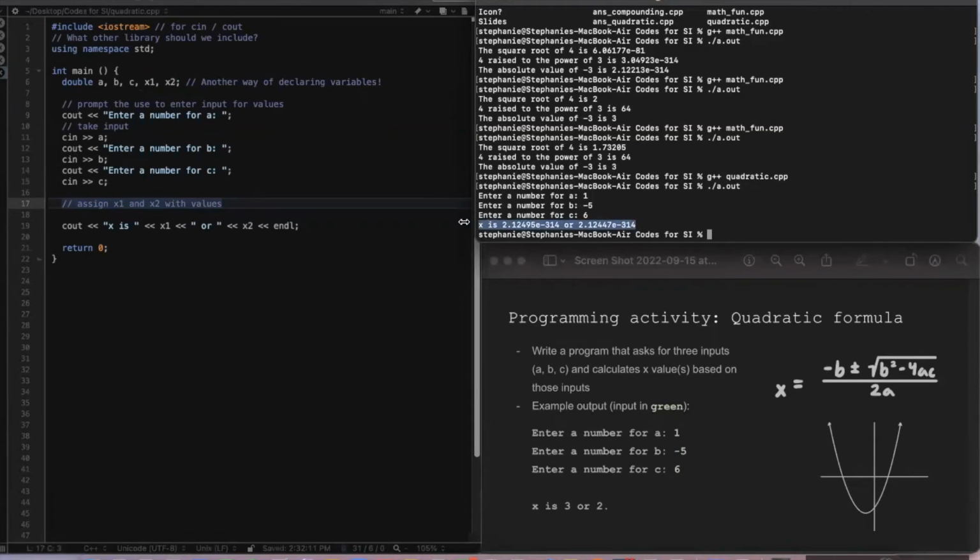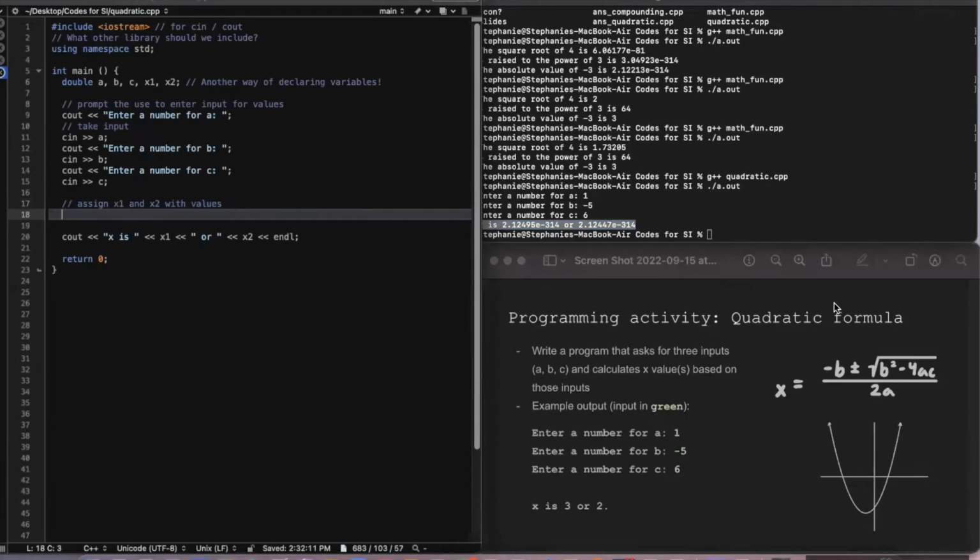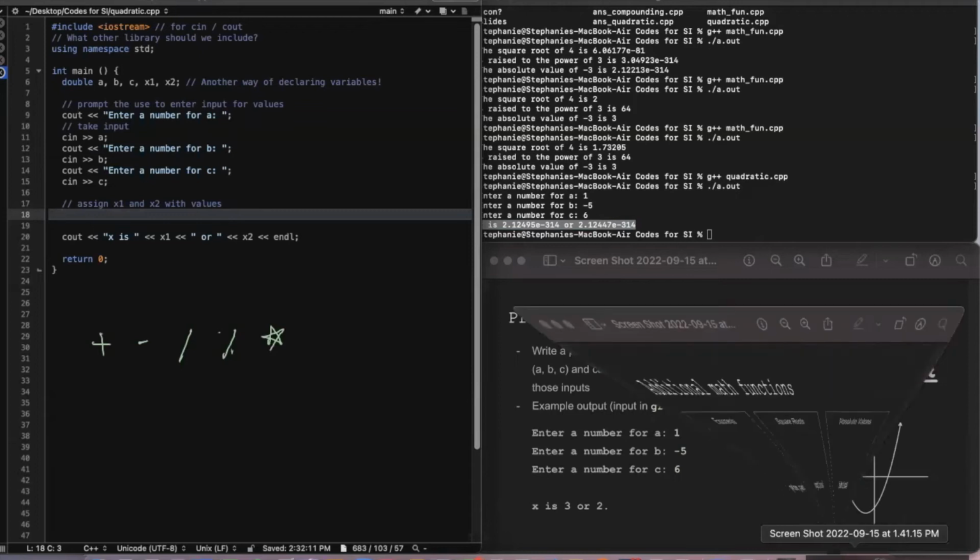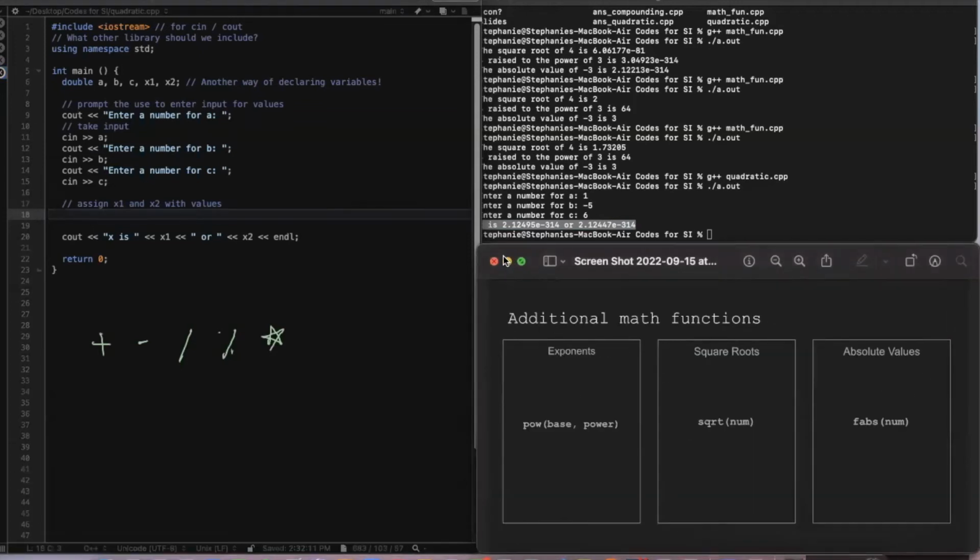All right. So now it is time to actually execute our quadratic formula over here. So the operators that you guys have learned so far in C++ are plus, minus, divide, modulo, and multiply, along with the new ones, which aren't actually operators, they're called functions, but they allow us to do some more mathy stuff.